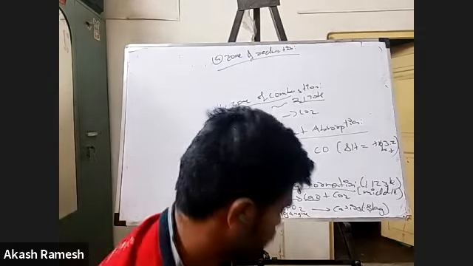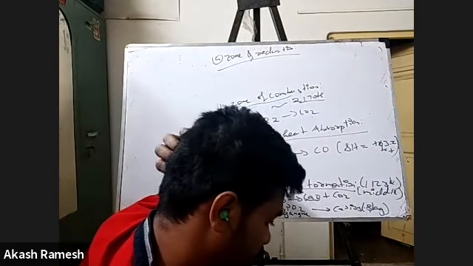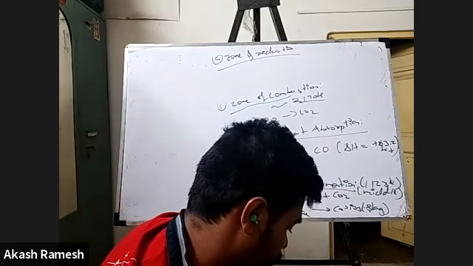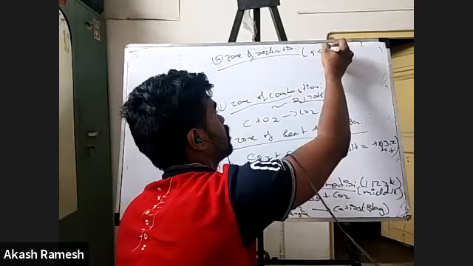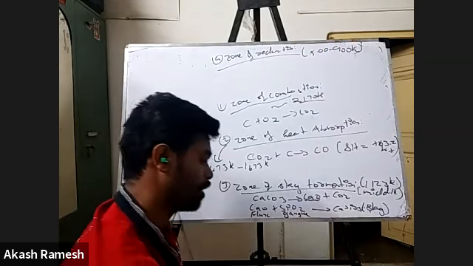In this zone, the actual reaction we want is going to happen. This is the temperature zone of around 500 to 900 Kelvin, and you see different reactions happening here.